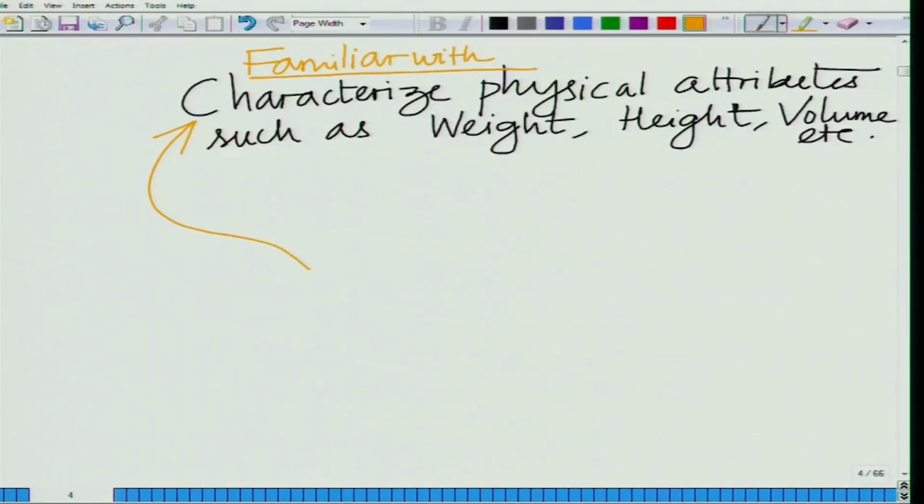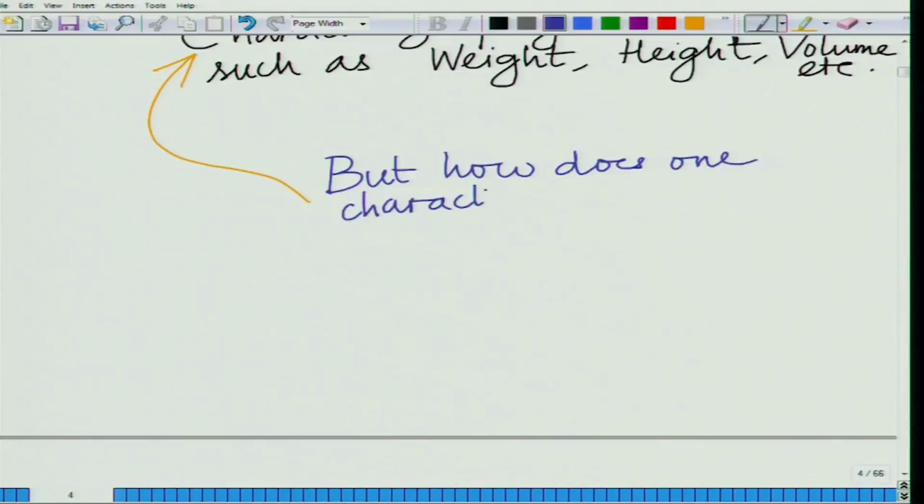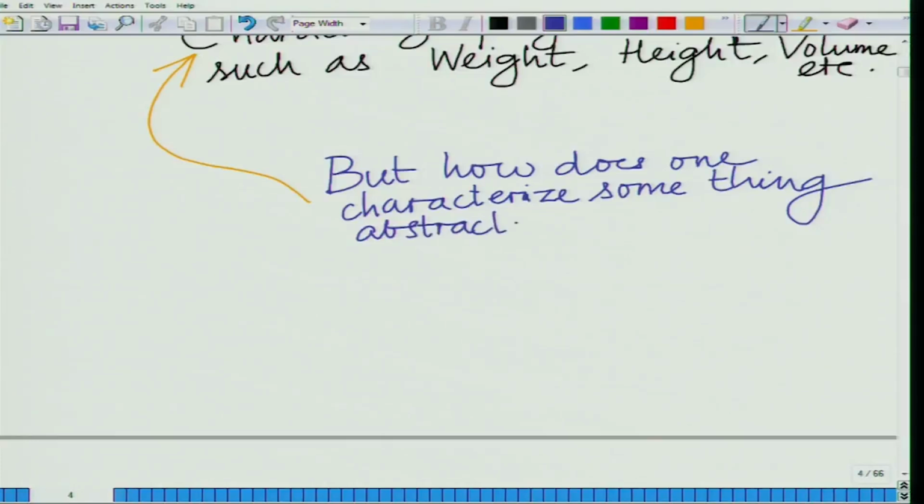So, we are familiar with how to characterize the physics, but how does one characterize something abstract such as the information content?